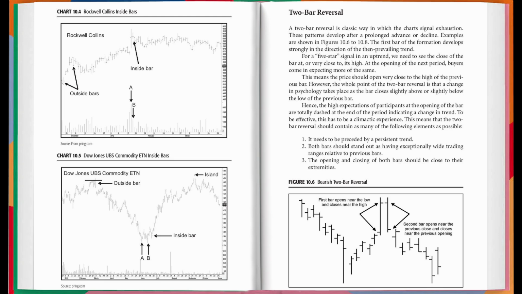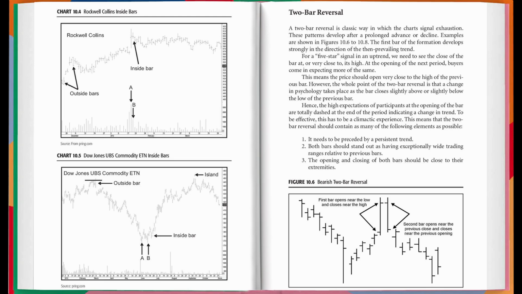However, the whole point of the two-bar reversal is that a change in psychology takes place as the bar closes slightly above or slightly below the low of the previous bar. Hence, the high expectations of participants at the opening of the bar are totally dashed at the end of the period, indicating a change in trend. To be effective, this has to be a climactic experience.